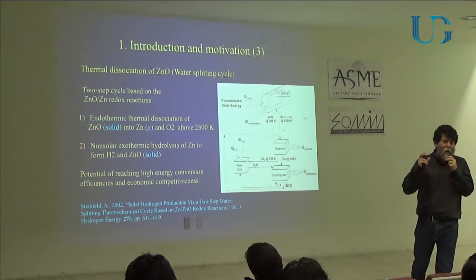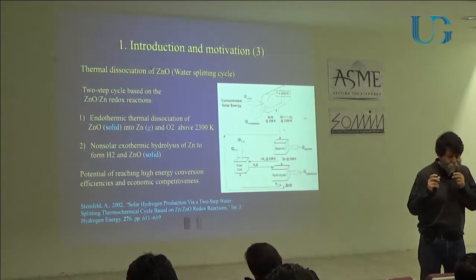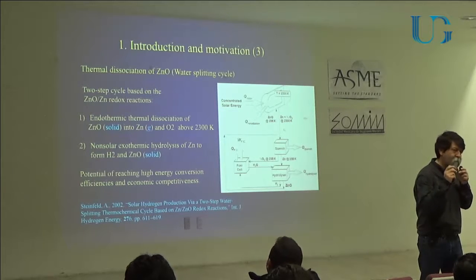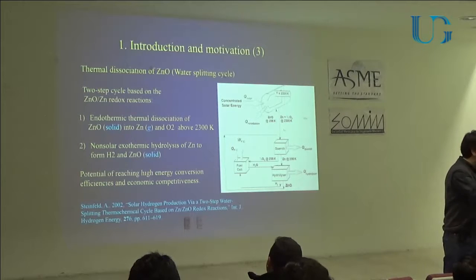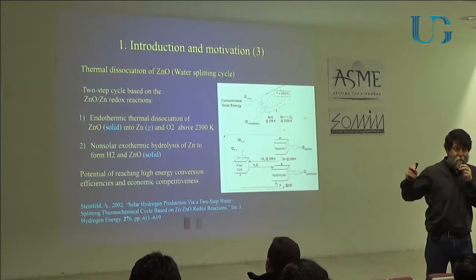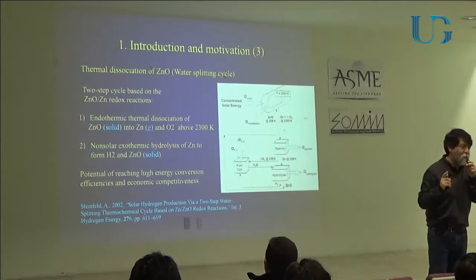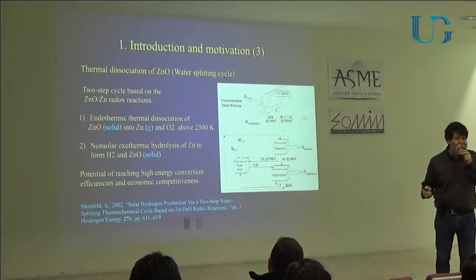So I would like to slow down a little bit and invite you to reflect on this idea. We put sunshine in, we take hydrogen out. That's it. I mean, sorry, and water. Solar energy and water, and we take hydrogen. The idea sounds fantastic.